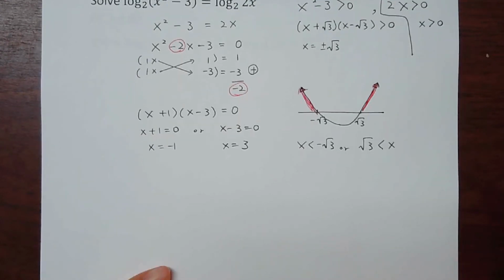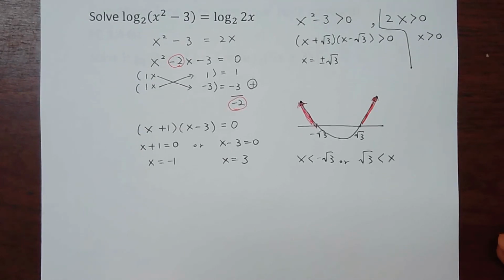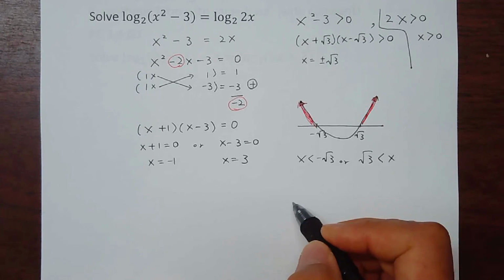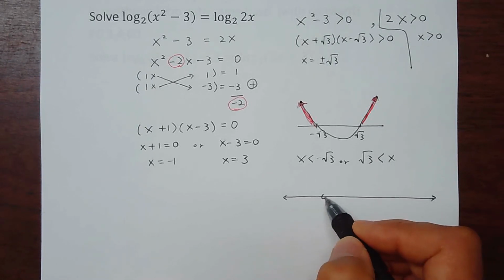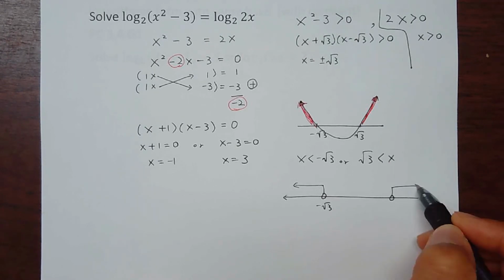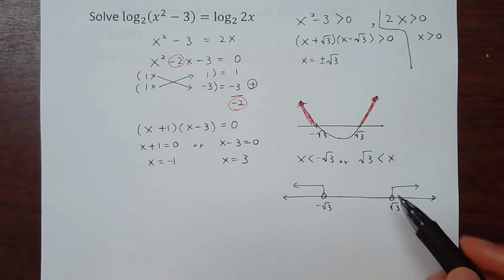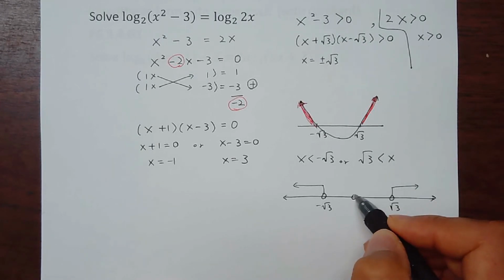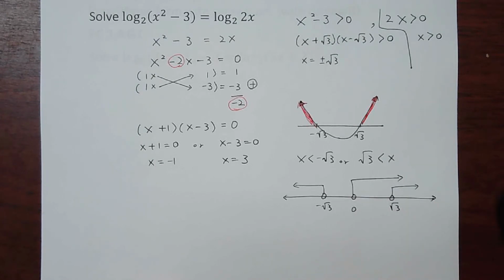So if you intersect those relationships, x is less than minus square root of 3 or x is greater than square root of 3, and x is greater than 0, has to be AND.